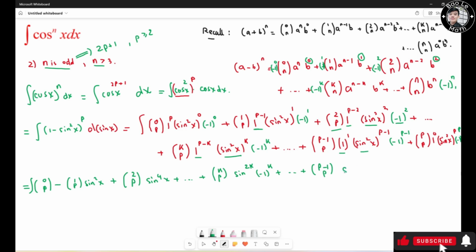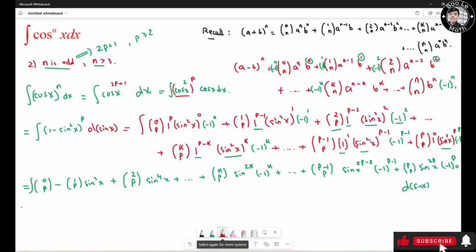This equal to sine to the 2p minus 2 of s, right? Times negative 1 raised to the p minus 1. And the last term, the combination of p, p. This equal to 1. This equal to sine raised to the 2p of s, times negative 1 raised to the p, right? Don't forget d of sine s, right?